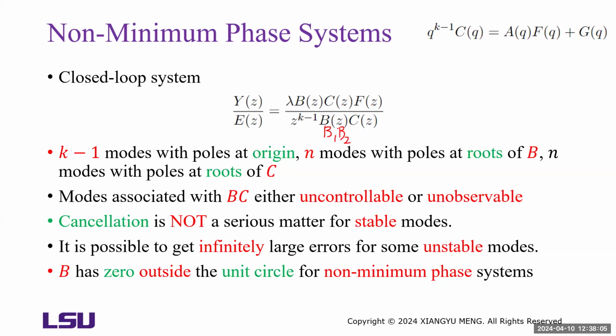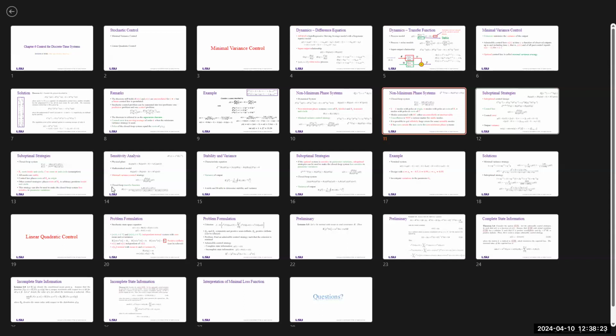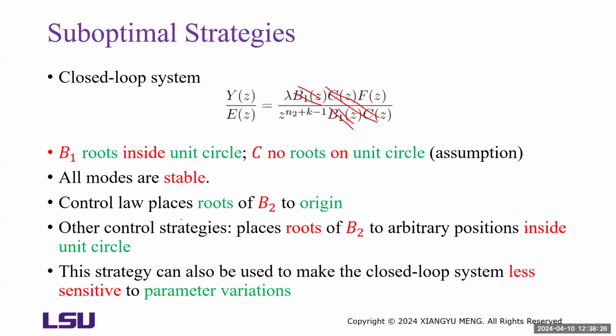Then you can see that in the suboptimal design, this B becomes z to the power n2. So this suboptimal control law brings the roots of B2 to the origin. Okay? So here will be the roots of B2.